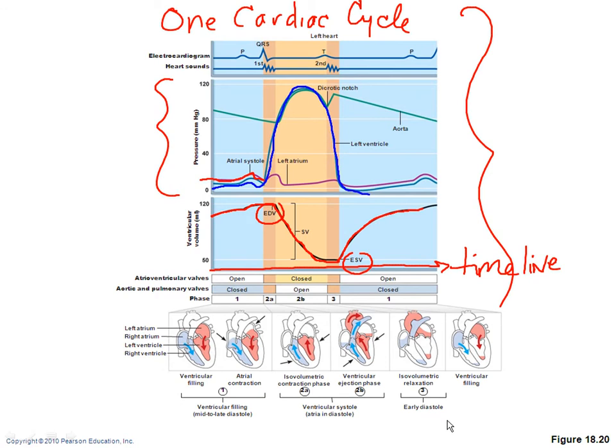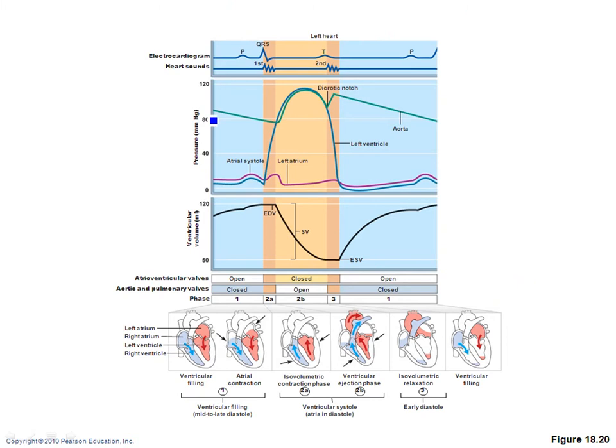And even though we didn't talk about it all that much, the green line here is showing you pressure changes within the aorta itself. And if you read about it, you may see there's a little blip where the pressure in the aorta starts to drop as less blood is being forced out of the ventricles, but then it jumps up for a second.